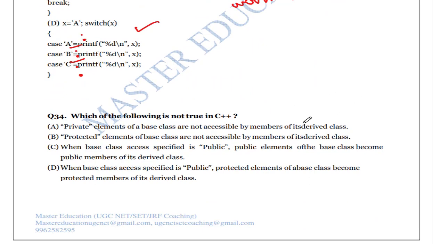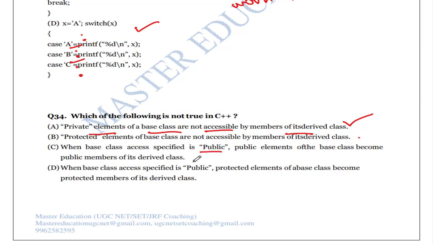The next one, which of the following is not true in C++? Private elements of a base class are not accessible by members of its derived class. That is true. Protected elements of a base class are not accessible by members of its derived class.